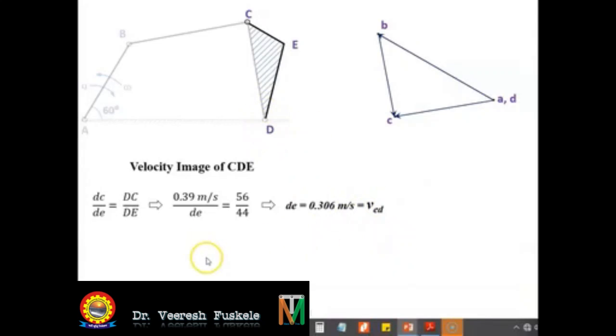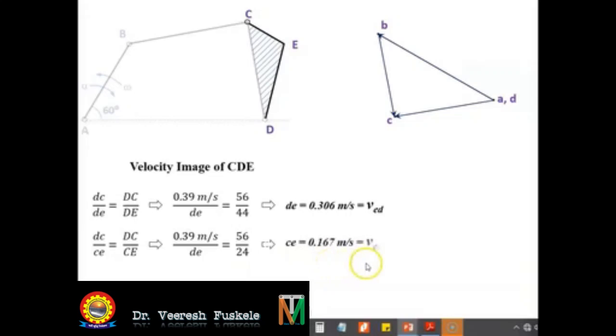This will be velocity of E relative to D, or the absolute velocity of E, as point D is fixed. Similarly, we can take the ratio of the side CE and CD like this. So DC upon CE will be equal to the link DC upon link CE. This will give us the velocity of CE, that is 0.167 meter per second.